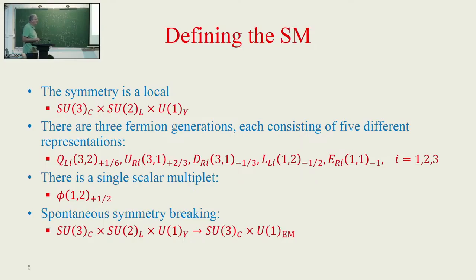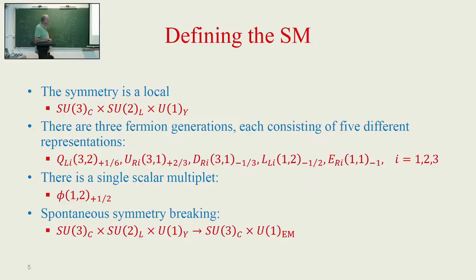The L and the R stand for left-handed or right-handed. Let me make a comment which maybe is not obvious. If I have a U right, I also have a bar or overline U right, the antiparticle of the U right, and it's the conjugate representation.